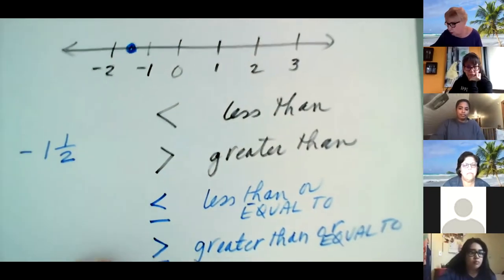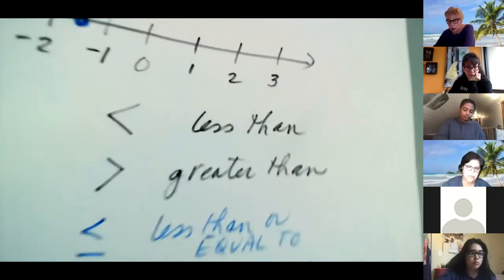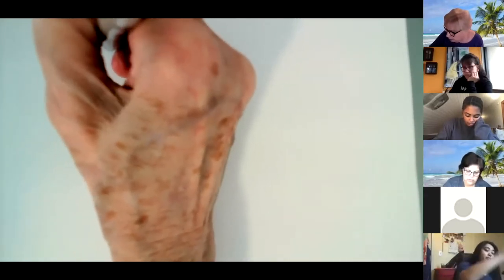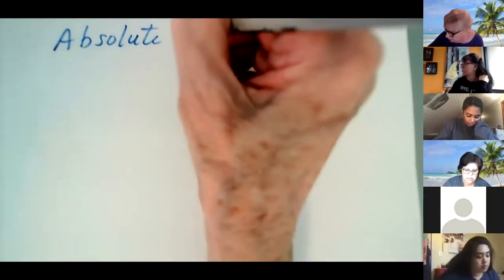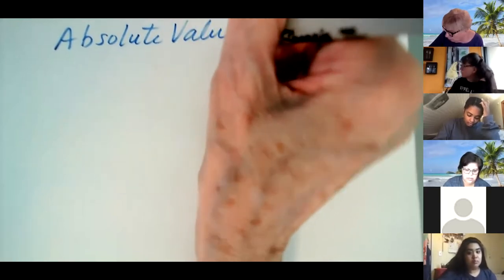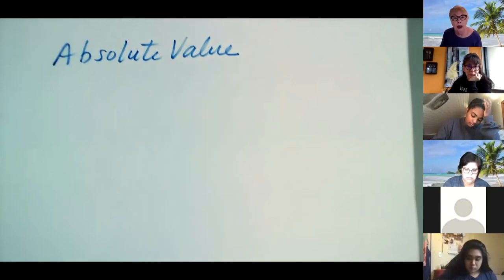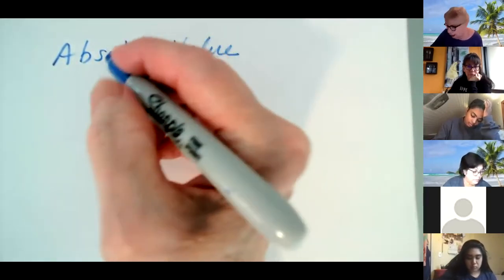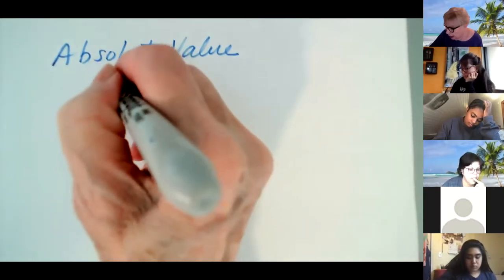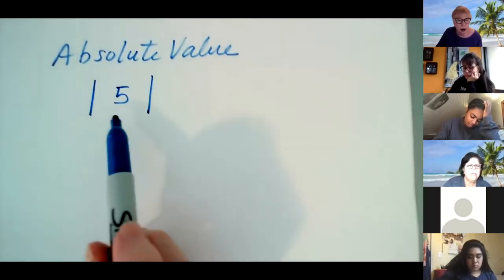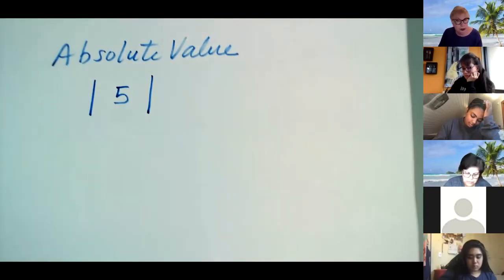Now, one concept that they use when they're going to do positive and negative numbers is absolute value. Now, you may not have seen this before, but it's pretty simple to do. If I take the absolute value of 5, and the symbols are vertical lines on either side of the number.